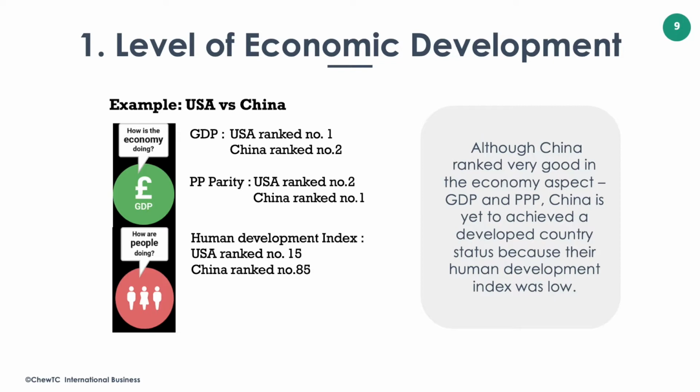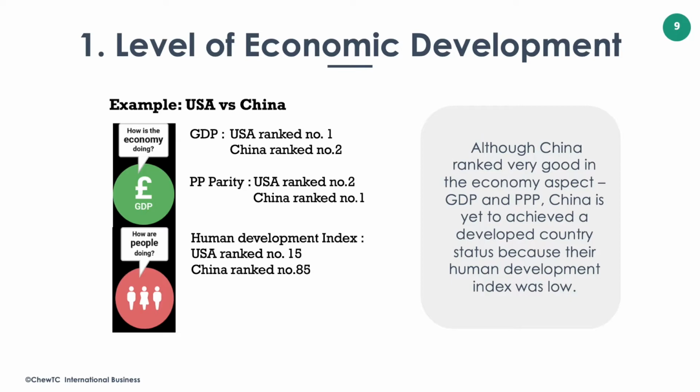So on the one hand, we can say that both the USA and China have similar achievements in terms of their economy. But how about their people? Based on the HDI, the USA ranked number 15, whereas China ranked number 85. So we can see this is a huge gap between the United States and China.